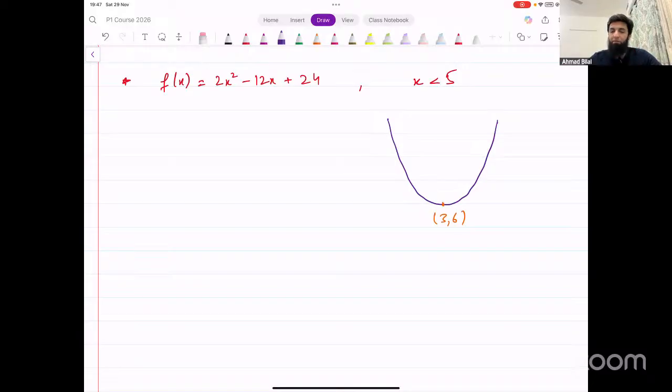Any idea? Okay, 15 more seconds. Let me know quickly. What should the range be?